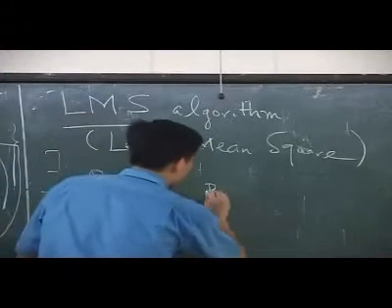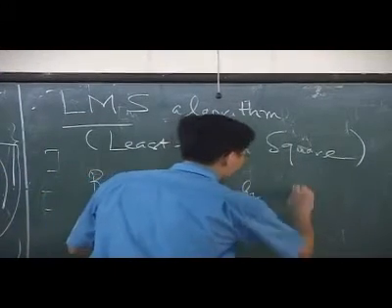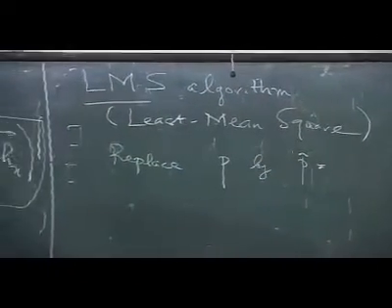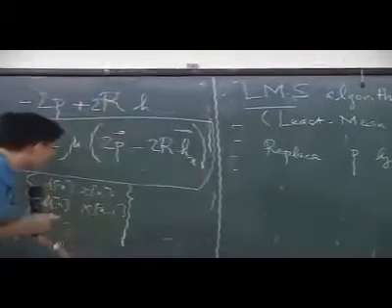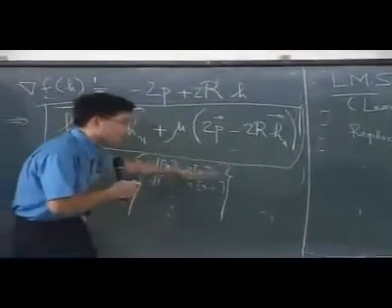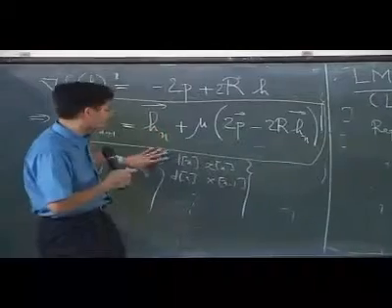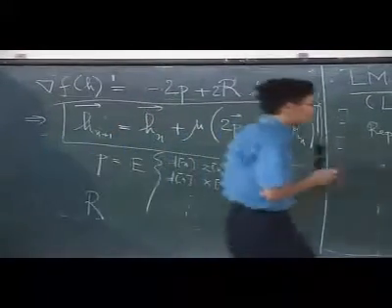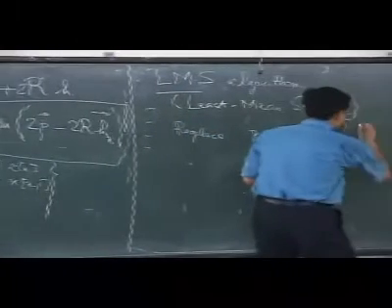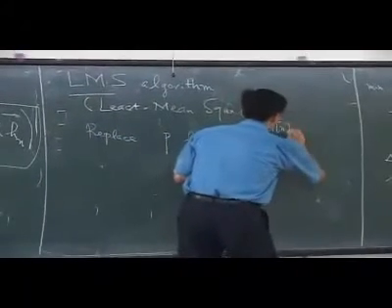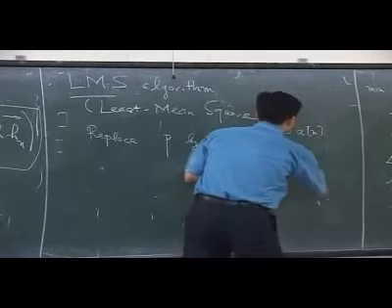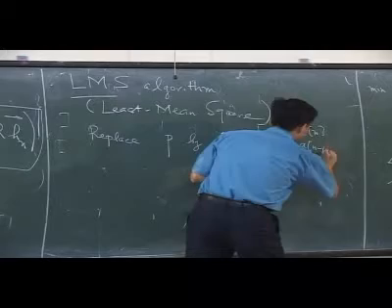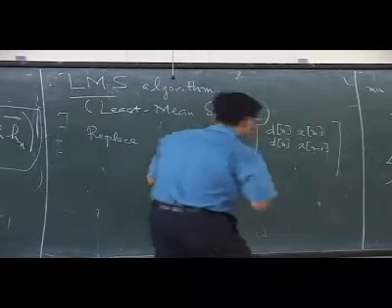replaces P by the P estimate, which is, I have to take this expectation. I just simply replace the expectation with the instantaneous value. I just take the value, I write it. So I replace this simply by d of n x of n, and then d of n, x of n minus 1, and so on.